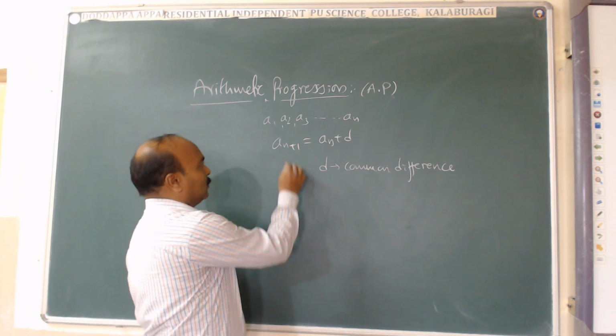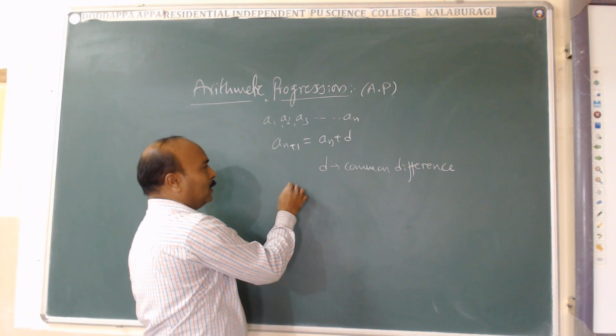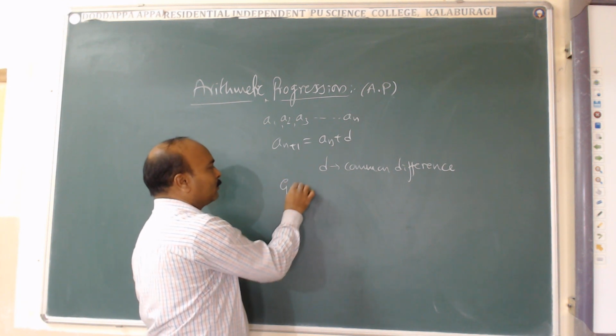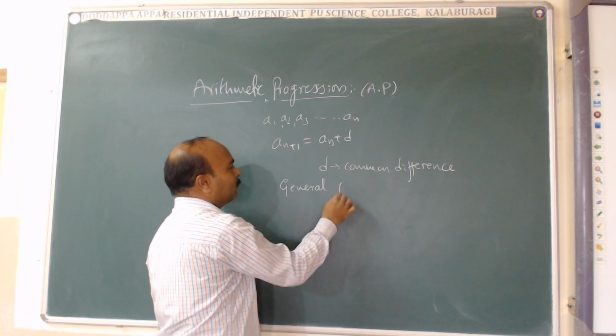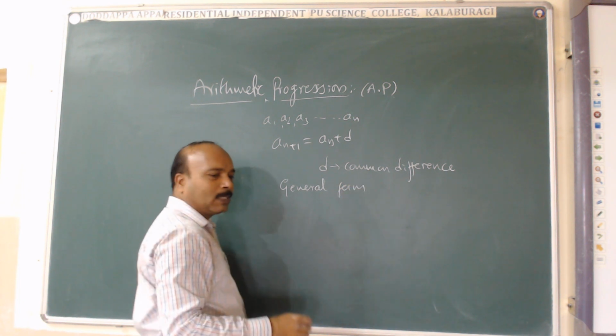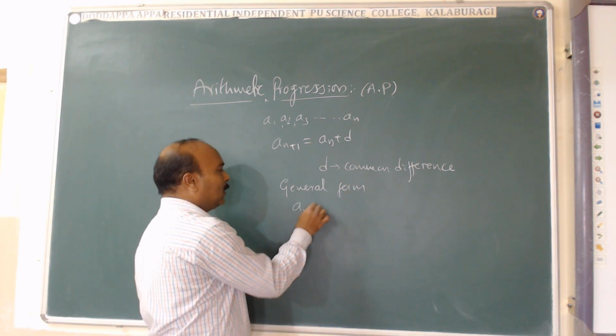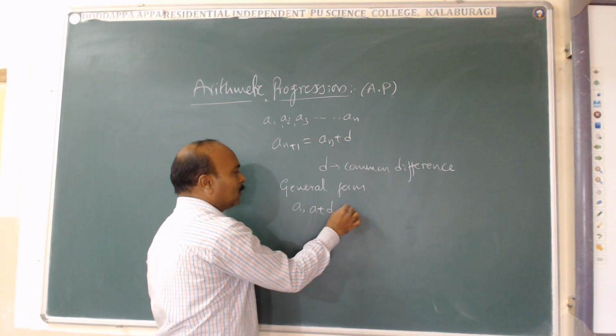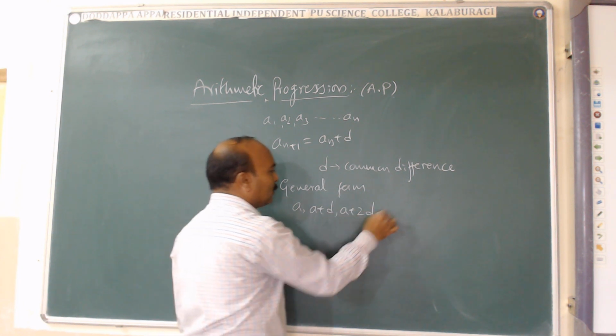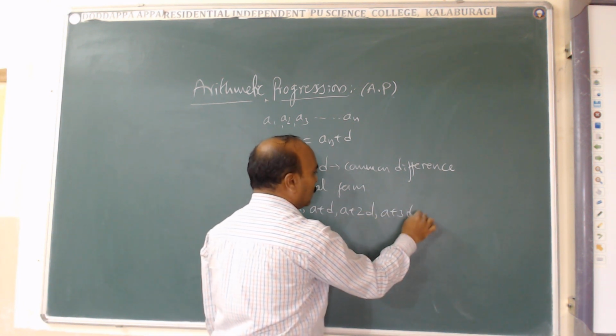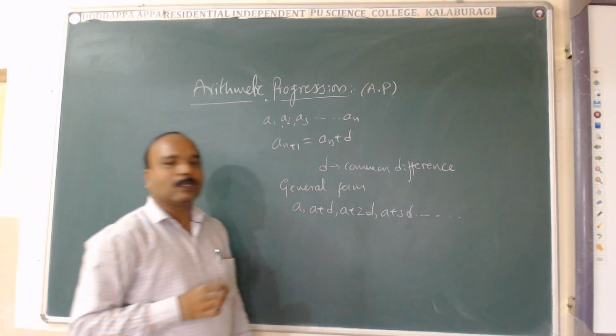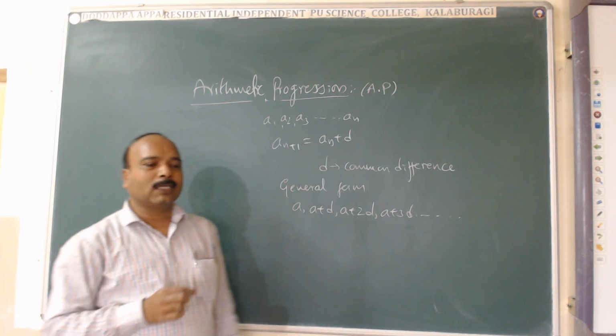Now we can define the general form or standard form of AP, that is a, a plus d, a plus 2d, a plus 3d, and so on. It is the general form of arithmetic progression.